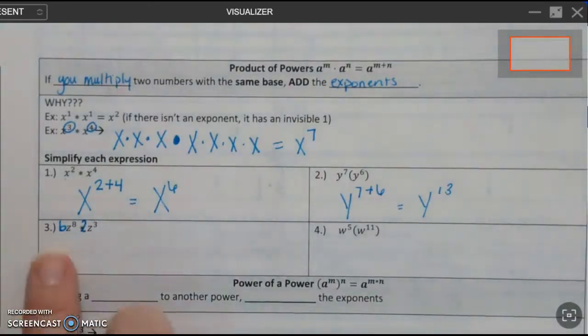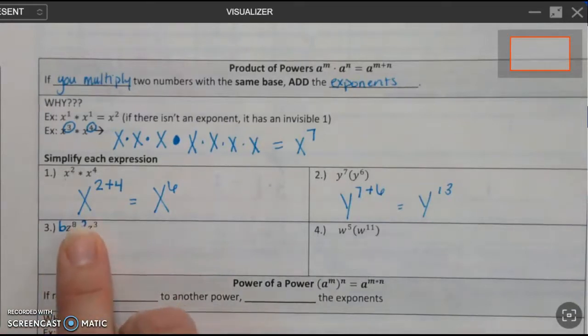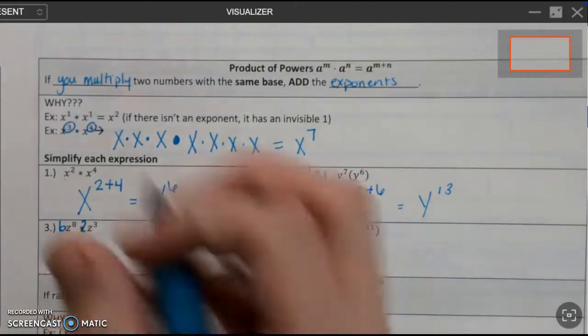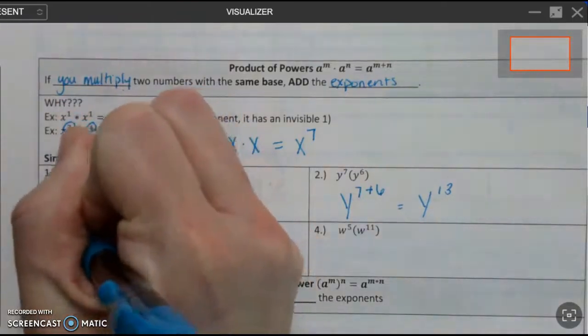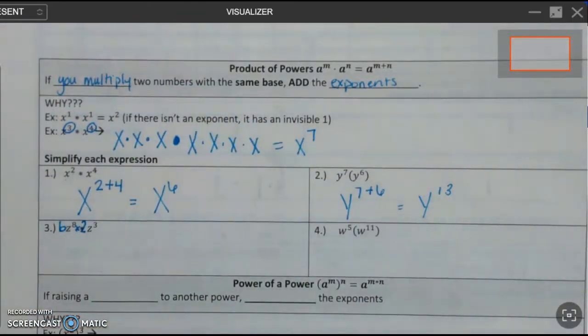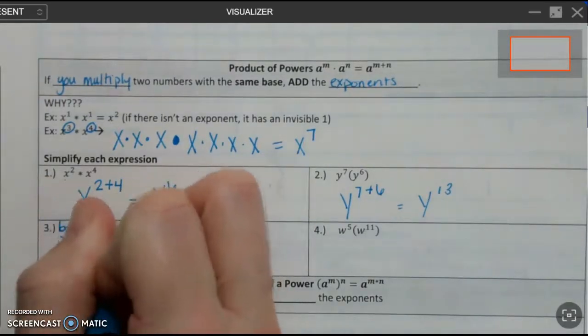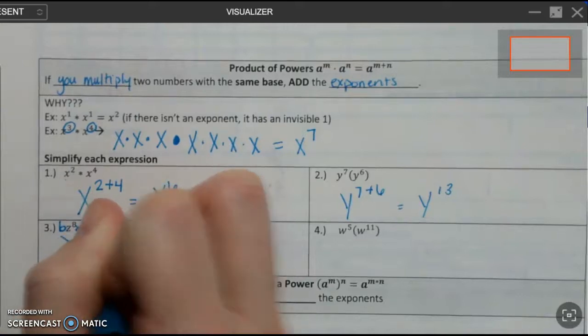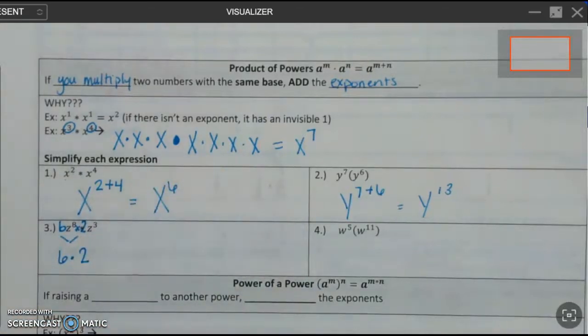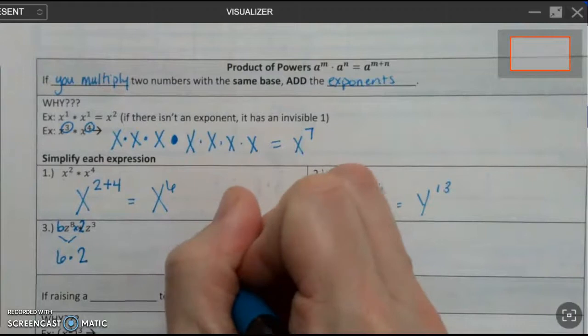And now the 6 times 2 are just coefficients, and there's a multiplication sign in between them here. So we're still just going to multiply. Coefficients follow the rule of whatever you're seeing. So I'm seeing multiplication. So that 6 and the 2, I'm going to multiply those together. So 6 times 2, that's 12.